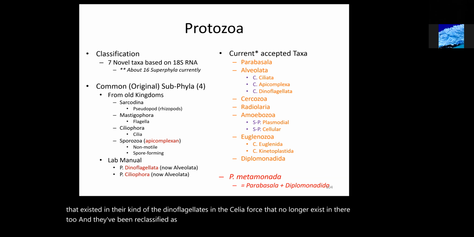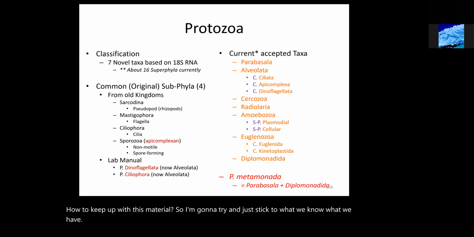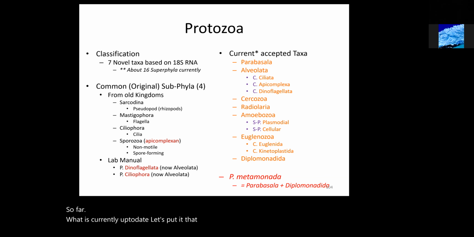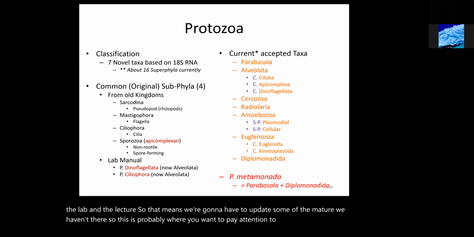So it makes it a little confusing sometimes to keep up with this material. I'm going to try and just stick to what is currently up to date, and that's what we're going to learn for both the lab and the lecture. That means we're going to have to update some of the material we have. So this is where you want to pay attention to the lecture more than anything else, since this is what will be on the exam itself.